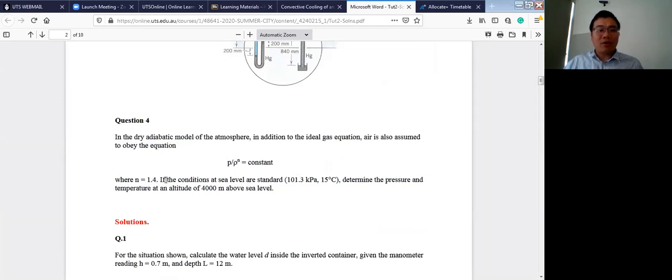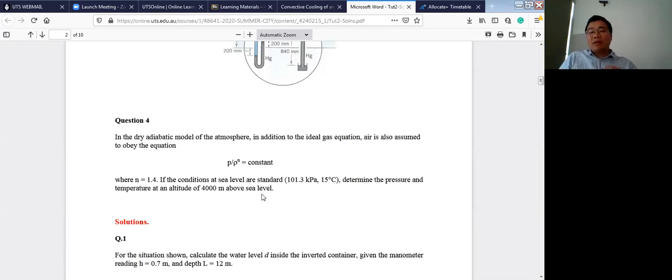When n is 1/4, if the condition at sea level is standard, you have to find the pressure and the temperature at an altitude of 4,000 meters above sea level. Because this question asks you the pressure and temperature at 4,000 meter altitude, it's not at sea level.